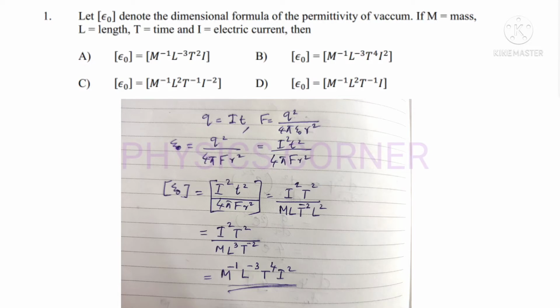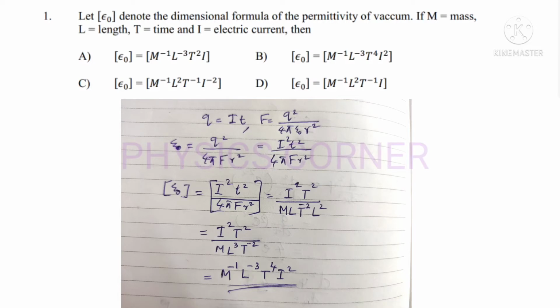So we can write Q as I into T, and from these equations we can write epsilon 0 is equal to Q square by 4 pi F R square, which is equal to I square T square by 4 pi F R square.